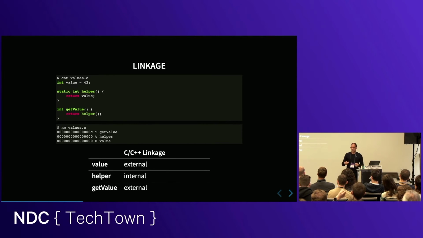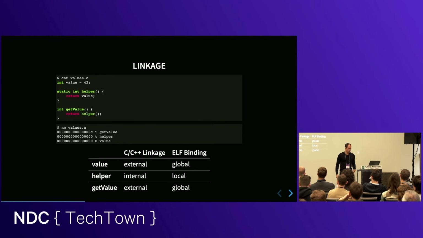And linkage is just a language thing. C and C++ in their standards just say, here's how linkage works. And then Linux and ELF have to support that in some way. We have to have some feature that provides that functionality of the languages. But ELF doesn't have a linkage concept really. ELF has another thing called binding.